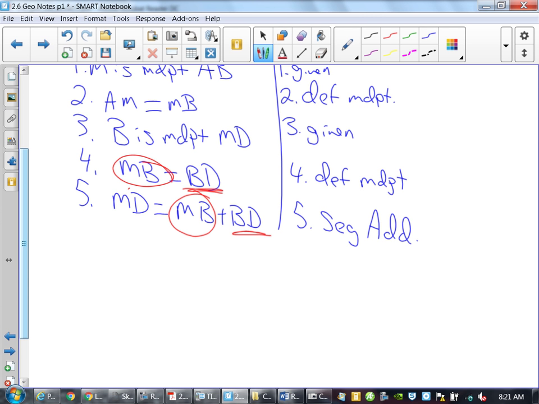Hey guys, you want a good hint? 80% of the time, when you don't know and it's not a given or a definition off of your progression sheet, it's probably substitution. So if you like to guess, substitution is a pretty decent guess sometimes. It usually is. So look what happens.